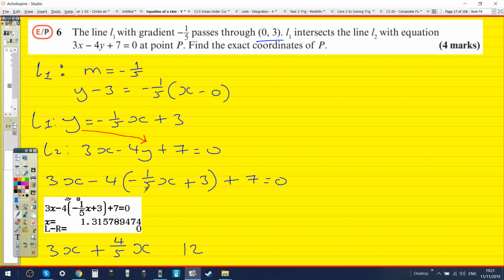And what is minus 4 times plus 3? Minus 12. Yeah. And then it'll be, so 3x plus 4 over 5x minus 5 equals 0.